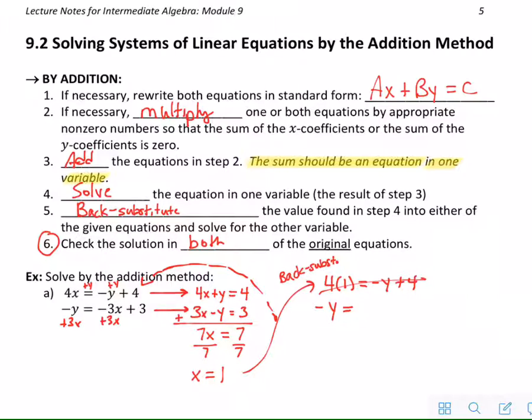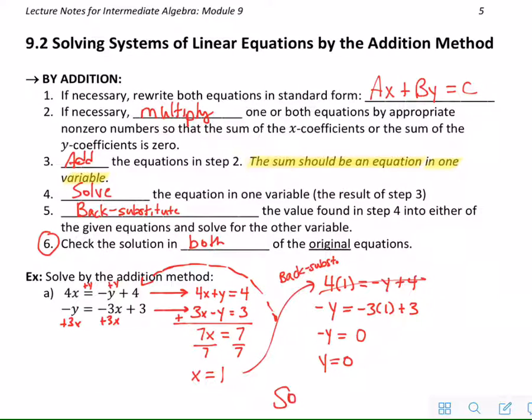Somebody already wants to finish the one that we just did. You can double check that we get the same answer. Negative 3 times 1 plus 3. That gives me negative y equals negative 3 plus 3, 0, which means y is 0.